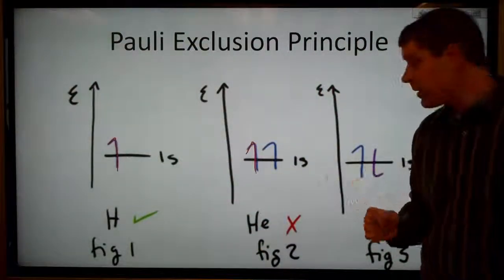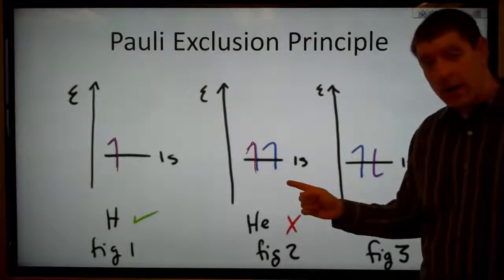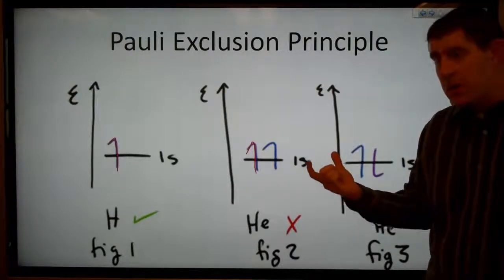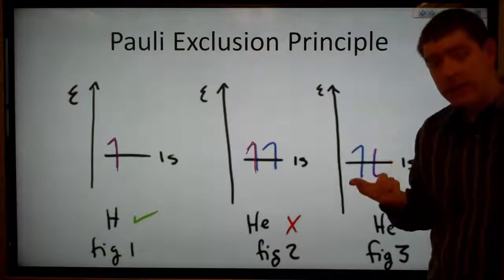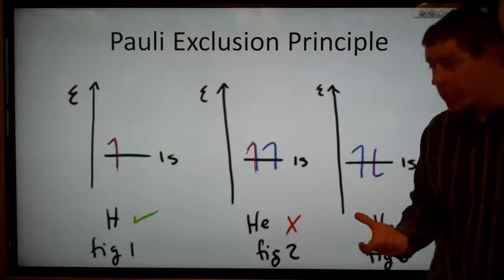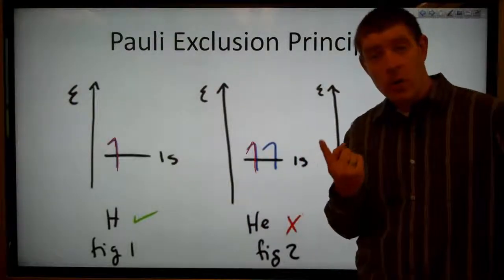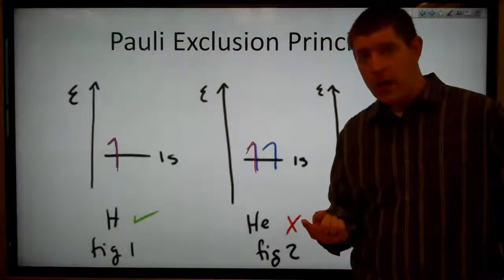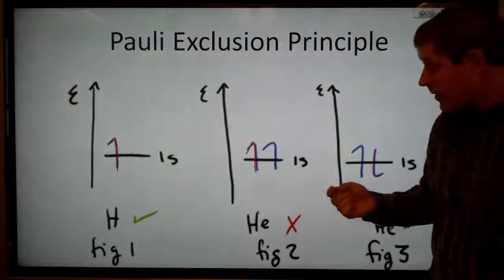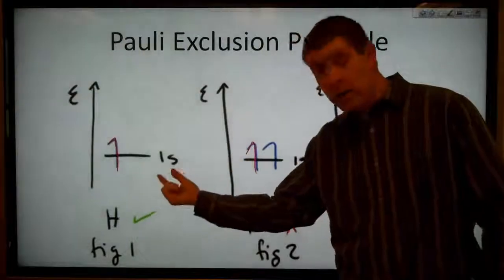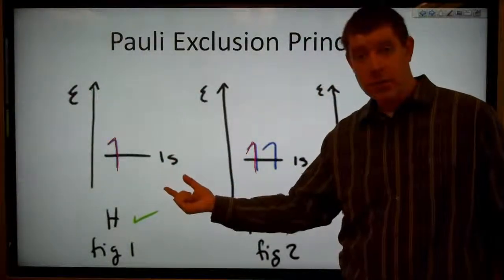If we go to put our second electron in, we can't put it in spin up, because if we do, well, now those 2 electrons have exactly the same set of 4 quantum numbers. The first 3 are the same because there is only one 1s orbital. The n is the same because the energy level is the same, 1.